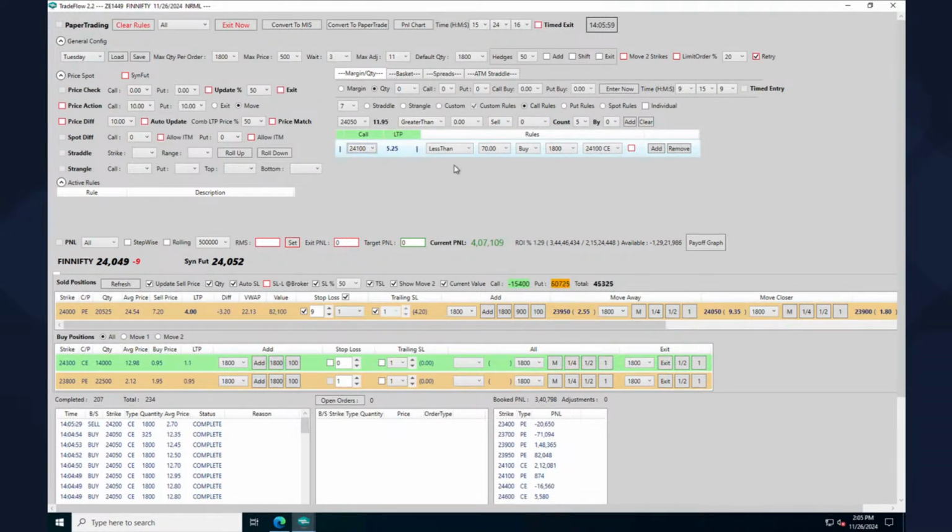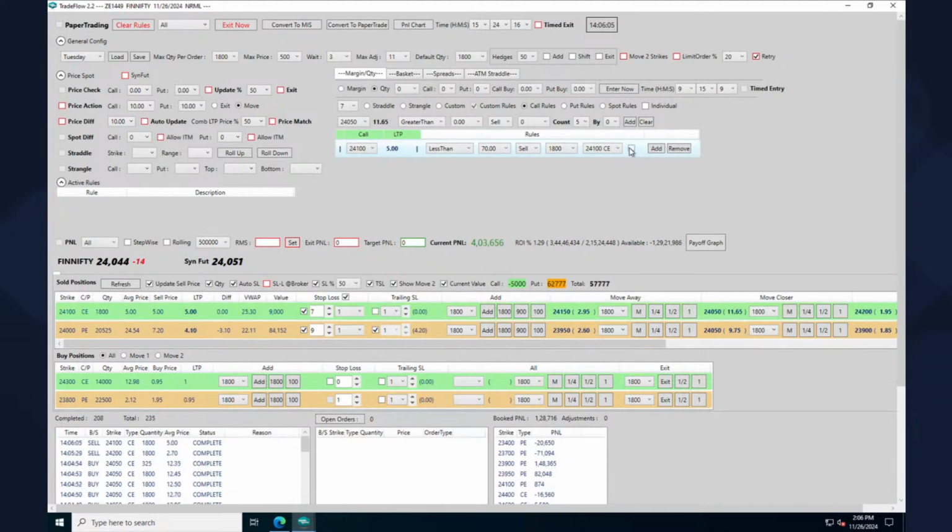I can do here actually less than 70 and then sell. I'm not doing 24050 right now, but maybe I can do a few there as well, less than 77.